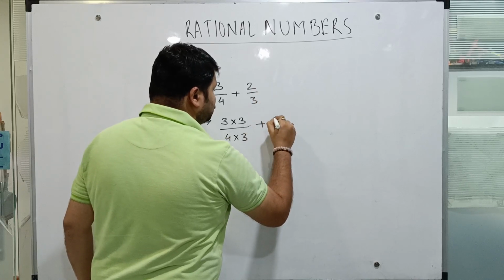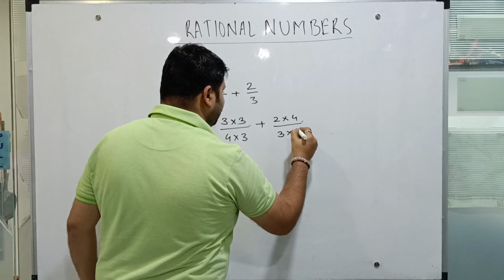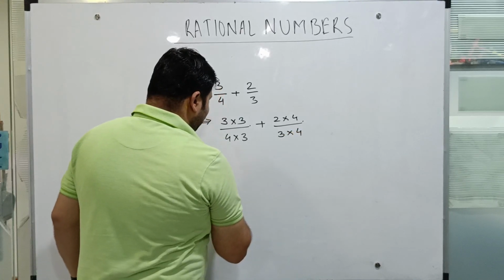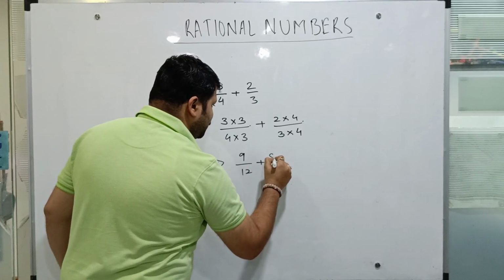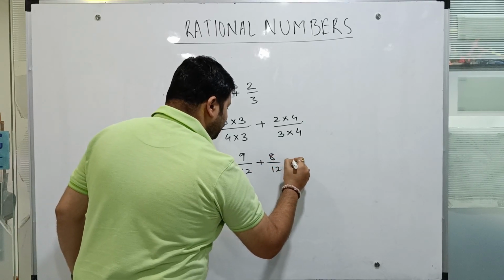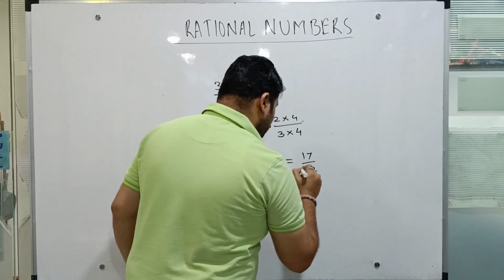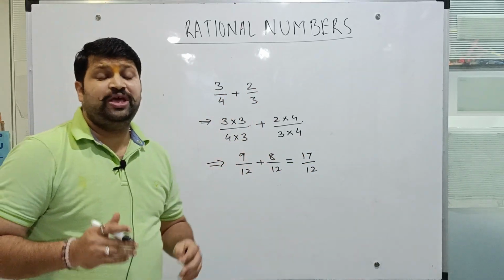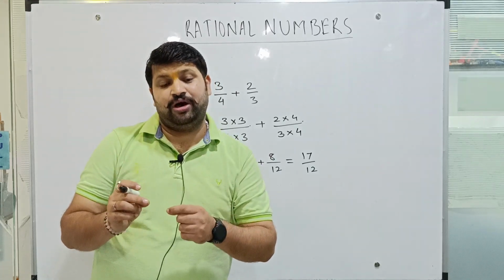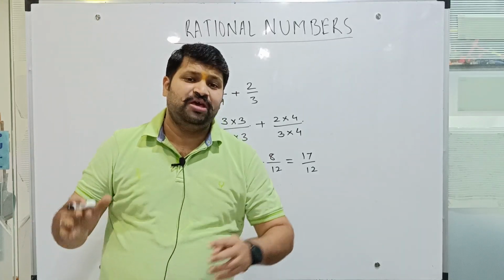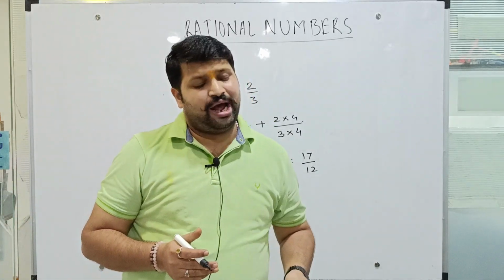And in this case, I will have to multiply it by 4, giving me my final answer as 9 upon 12 plus 8 upon 12, which would be 17 upon 12. So this is how we add rational numbers if they are fractions, if they have a denominator other than 1. If the denominator is 1, we don't have to worry about it, because then we can go ahead and add them directly.